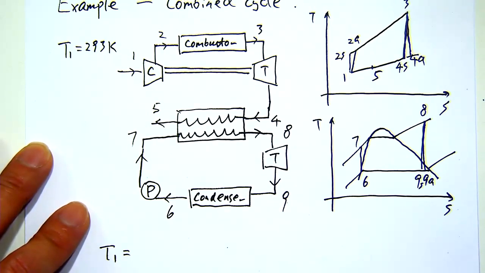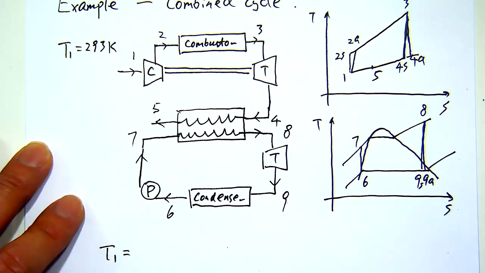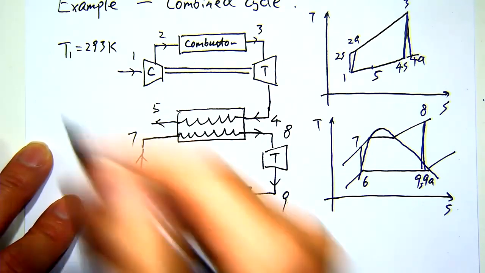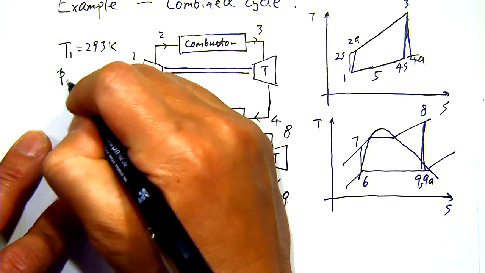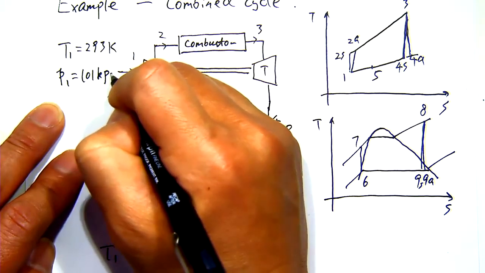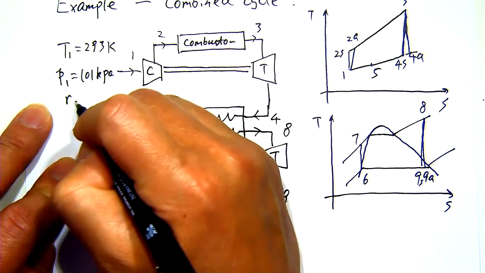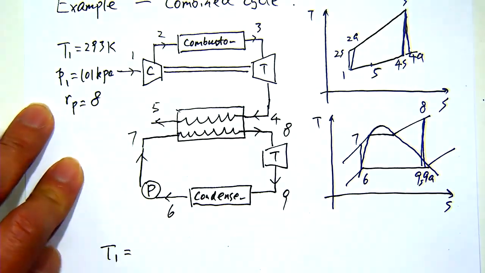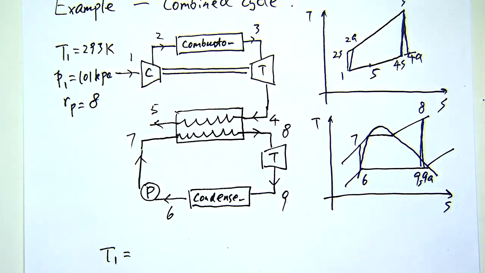So they're all using the temperature in terms of Kelvin. Do not use Celsius. Using Celsius will give you a number which is way incorrect, right? And the pressure P1 is 101 kPa, and the pressure ratio is 8. That is given as part of it.